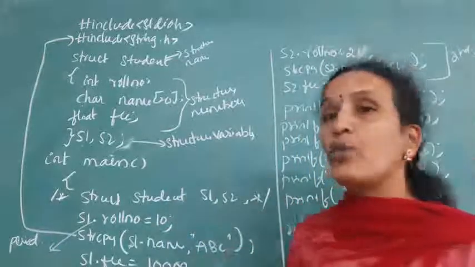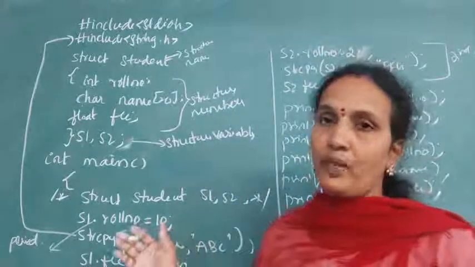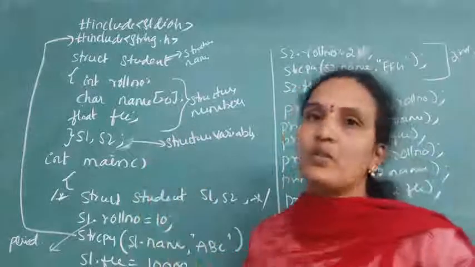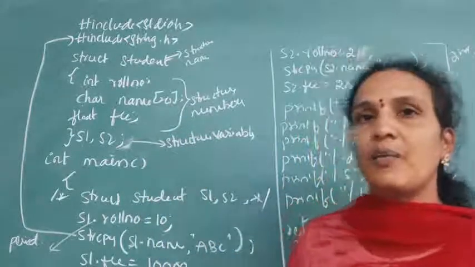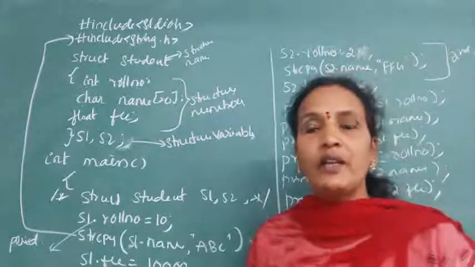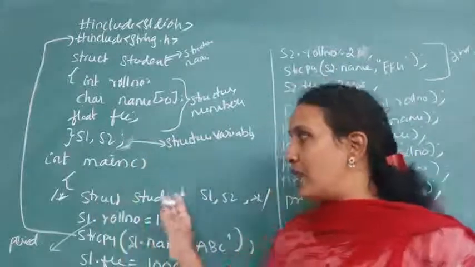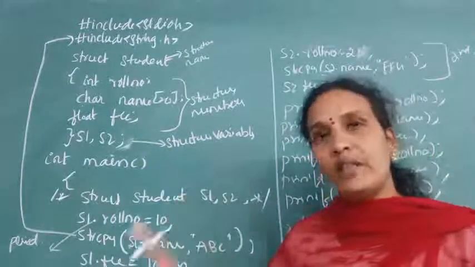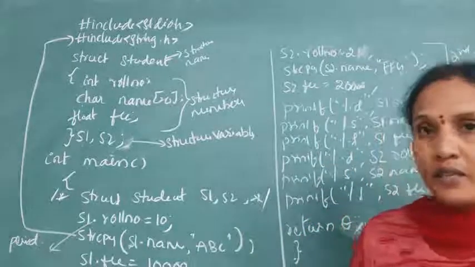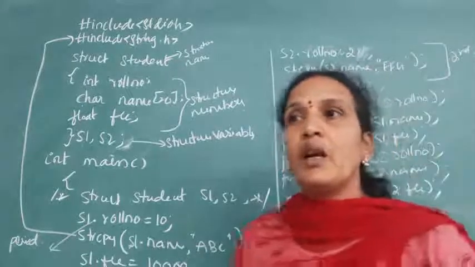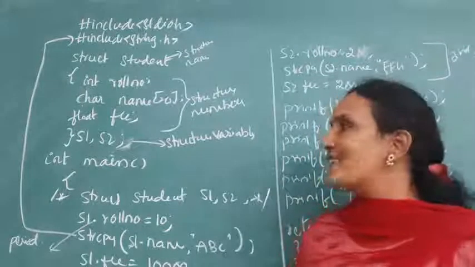But if you have a large number of variables that want to use the same structure, then this method is not suitable. It will work, but it is more tricky and takes more time, because you need to declare 10 variables and assign values to the structure members of those 10 variables. It takes more execution time, and you need to remember variables for each and every student. So it is difficult.